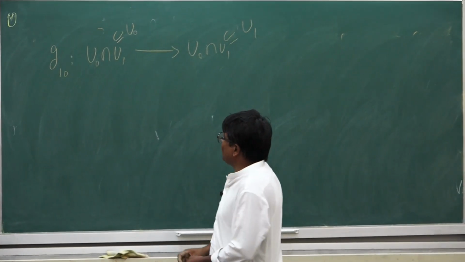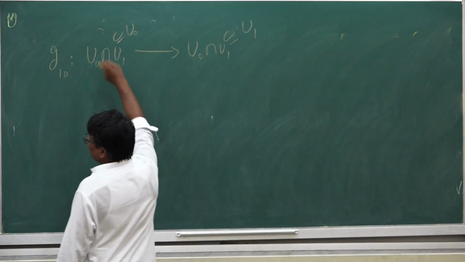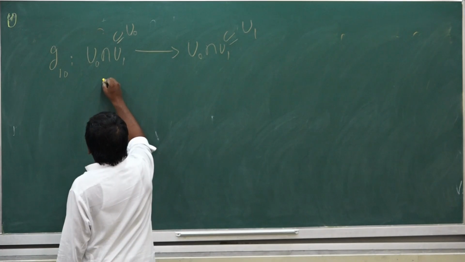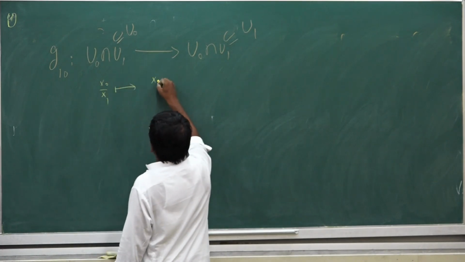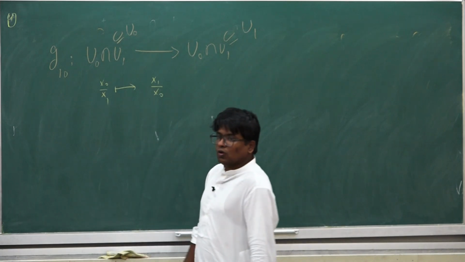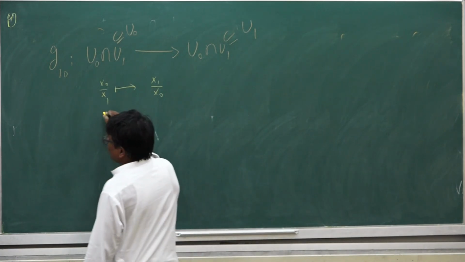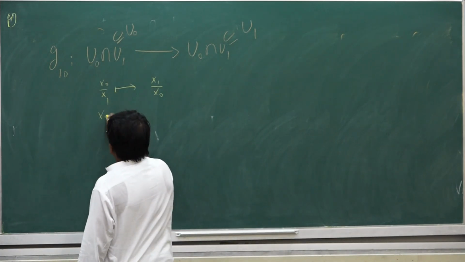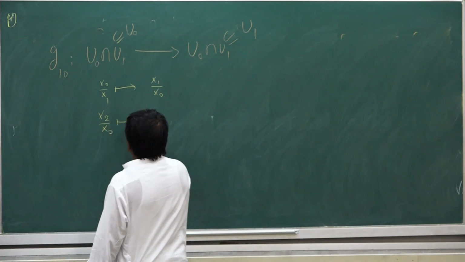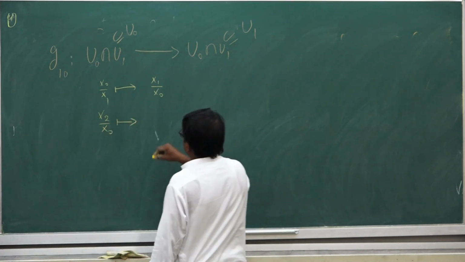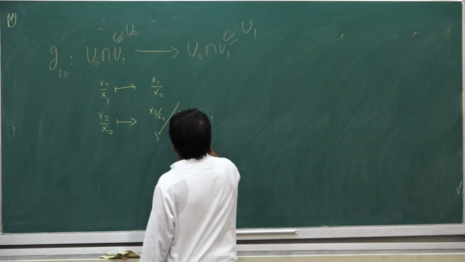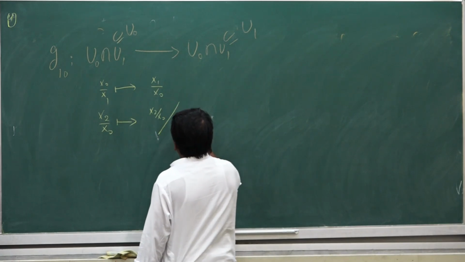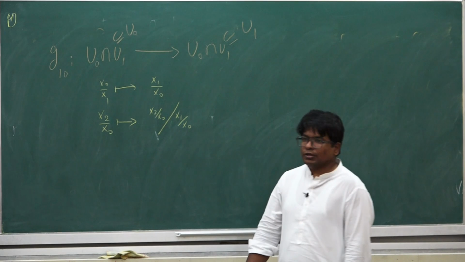And that simply goes in the following way: the element x naught over x1 goes to x1 over x naught, and the element x2 over x naught goes to the element x2 over x naught divided by x1 over x naught.